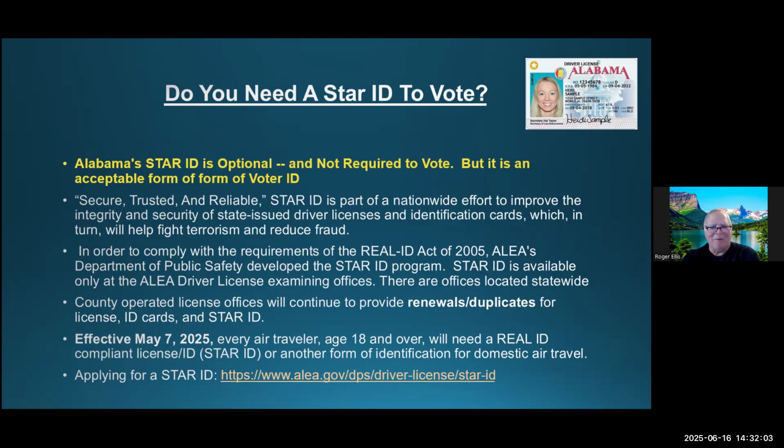Effective May 7th, 2025, every air traveler age 18 and over will need a Real ID compliant license, a STAR ID, or another form of identification for domestic air travel. And you can click on this link here and it'll take you to a place where you can download a STAR ID.